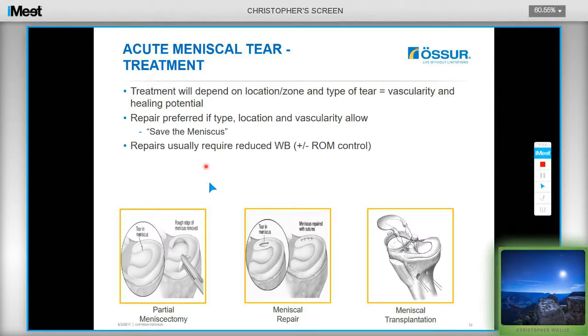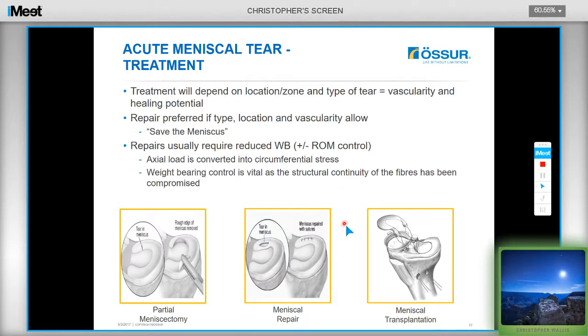So if more and more repairs are the preferred treatment rather than removing the meniscus, when there is a surgical repair of the meniscus, they will often require periods of controlled, reduced or non-weight bearing, plus or minus range of motion control.